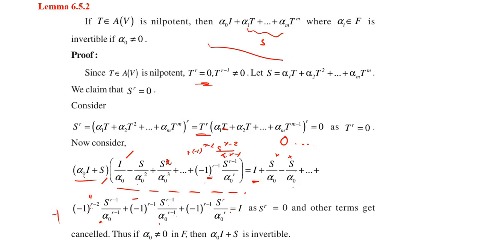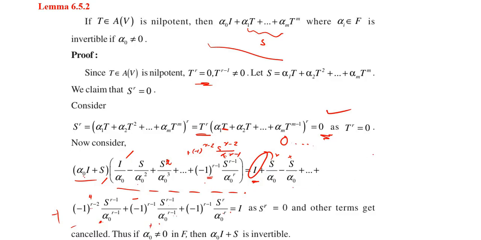And if it is odd, you will have this with the negative sign and this with the positive sign. In any case, all these terms will get cancelled, and S power r is 0 from here, so this one will not be there. You will be left only with this I.